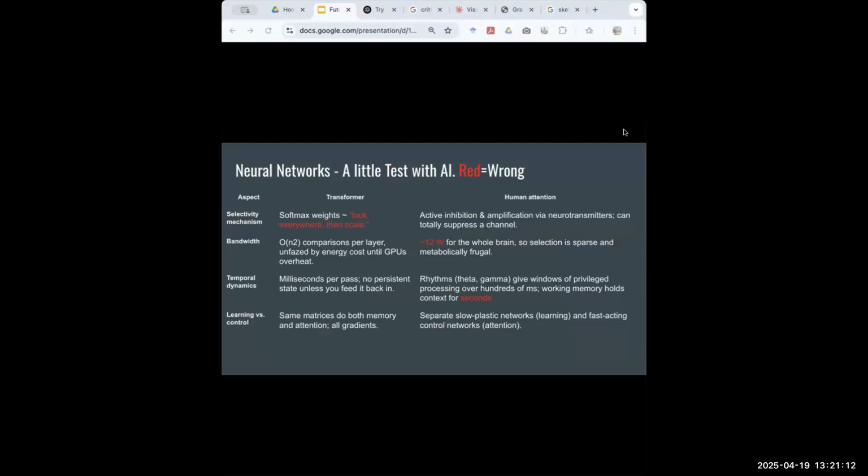Softmax is a function we use that takes a bunch of values and normalizes them, and then assigns a roughly probability distribution over the entire value array. The AI said it's looking everywhere and then scaling for the transformer, but we don't really scale that. We actually normalize it.